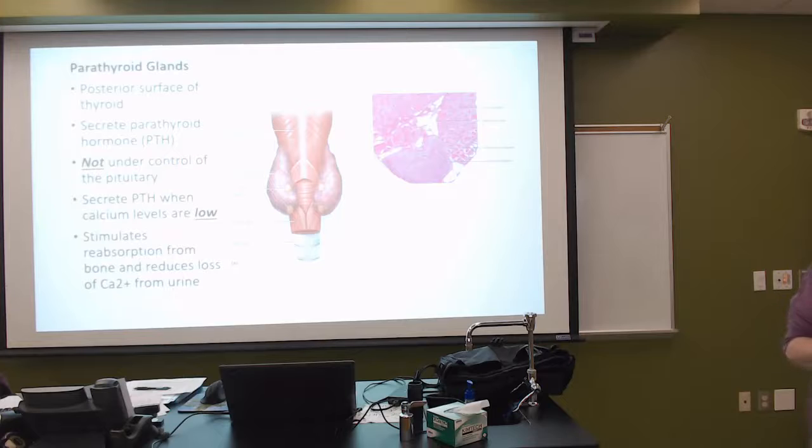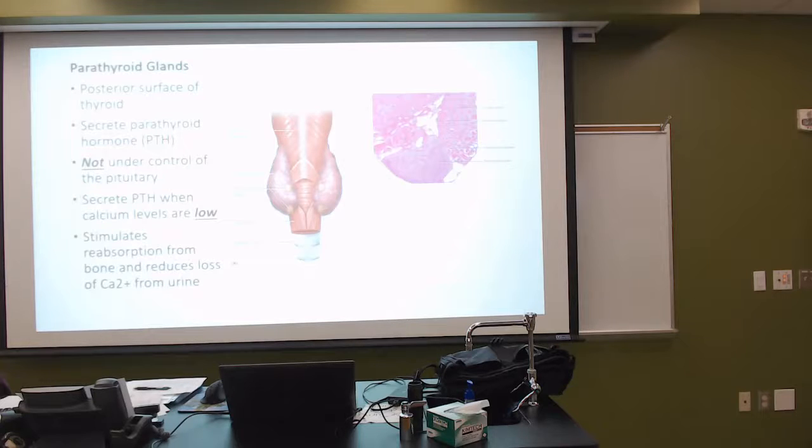It works when blood calcium levels are low. The exact opposite of what the thyroid gland did. So now, if my calcium levels are low, and when I say that the body is going to regulate calcium levels very tightly, it does, okay?